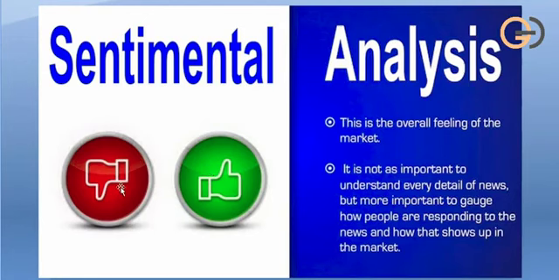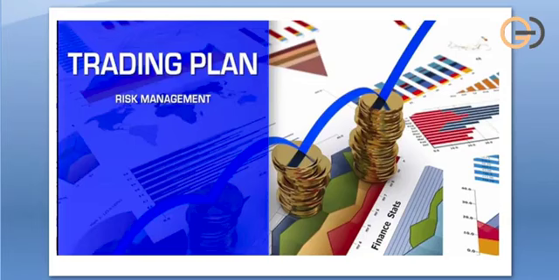So after knowing all of this, the next thing you must do is create a trading plan. This is very, very important, and it is the gateway to being proficient in trading. You need to have a trading plan. As a trader, you need to know when to trade, how to trade, and what to do and what not to do.